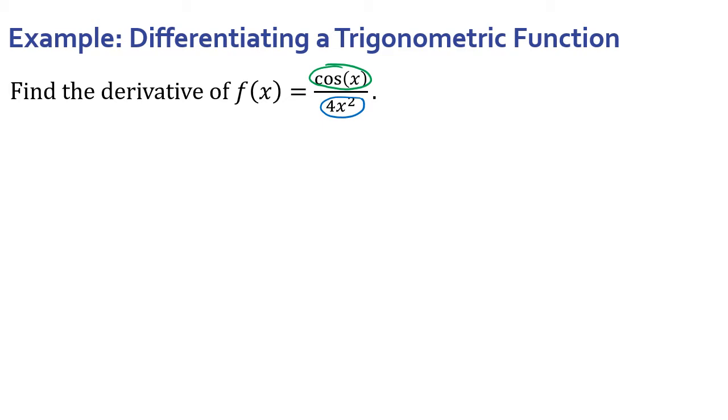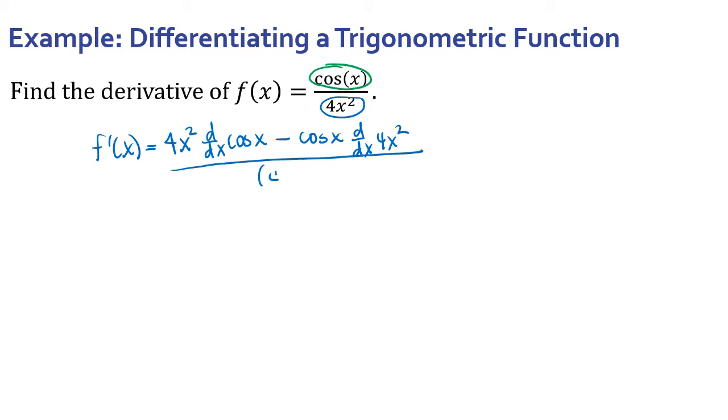So that's going to give me f prime of x equals the denominator times the derivative of the numerator minus the numerator times the derivative of the denominator all over the denominator squared. So this is going to become 4x squared.